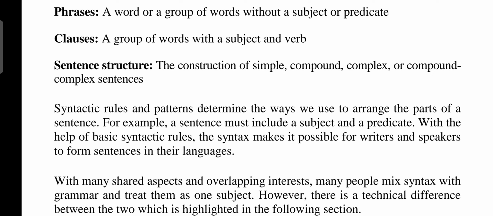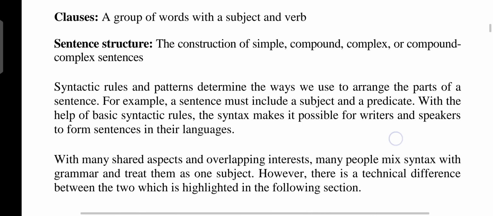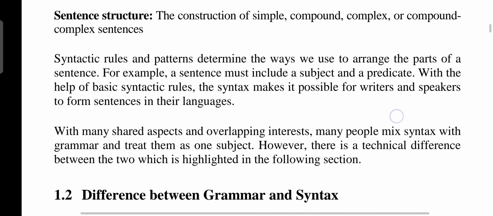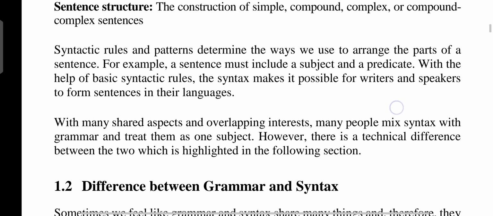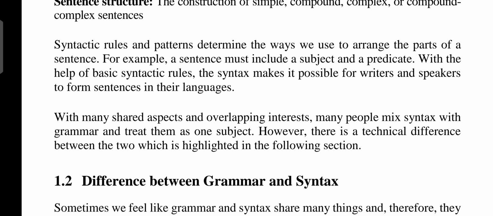For example, a sentence must include a subject and a predicate. With the help of basic syntax rules, syntax makes it possible for writers and speakers to form sentences in their languages with many shared aspects and overlapping interest.